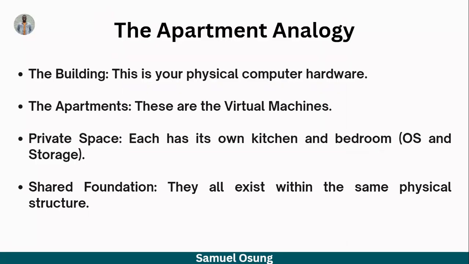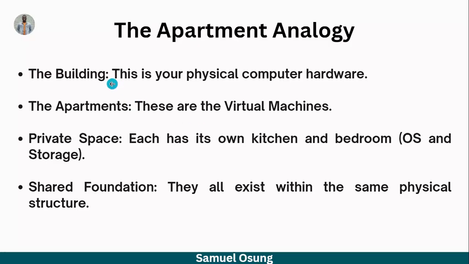So imagine you are living in a very big house. Inside that house, you divide the rooms into separate apartments. Now, each apartment has its own bedroom, its own kitchen, its own bathroom, but they all share the same building foundation. So with this analogy, the house is the physical computer, each apartment is a virtual machine.